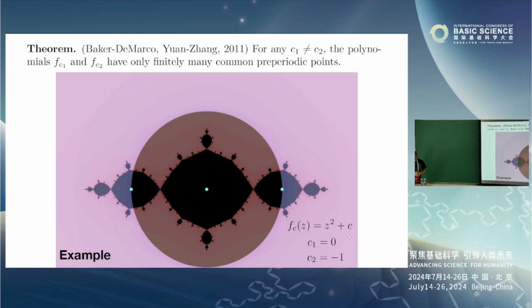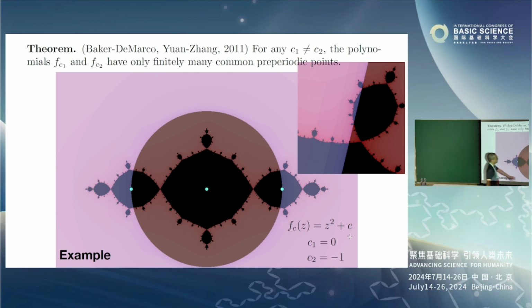So for example, if you think about this example, c1 equal to 0 and c2 equal to -1, how many overlap for the preperiodic point set? You see there is one point here, one point here, one point here. At least you can see 3 of them, right? Can we have more?